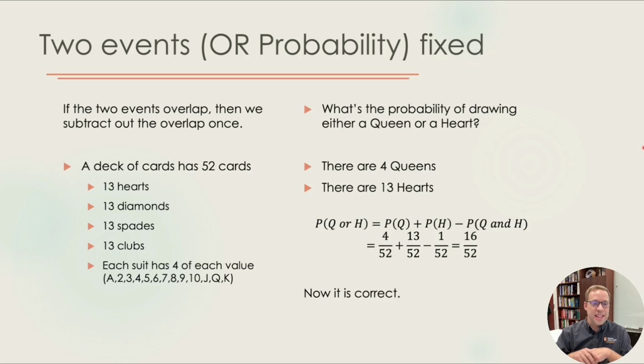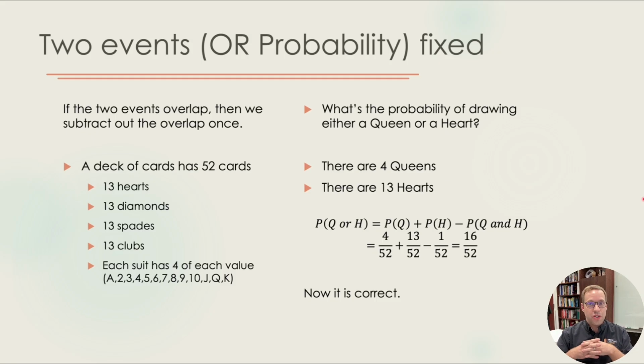That is the key. So if we take the probability of a queen or heart, being the probability of a queen plus the probability of a heart, we've double counted the Queen of Hearts, so we subtract the Queen of Hearts, meaning we subtract the probability of a card being both a queen and a heart. Since we counted it twice, we just subtract it out once, which means the probability of a queen is 4 out of 52.